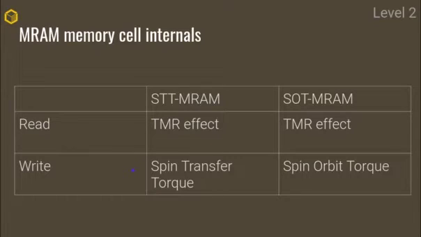In the case of the STT MRAM, we use the principle of spin transfer torque in order to write the polarization of our free layer. And in SOT MRAM, we use the principle of spin orbit torque to configure the polarization of our free layer.